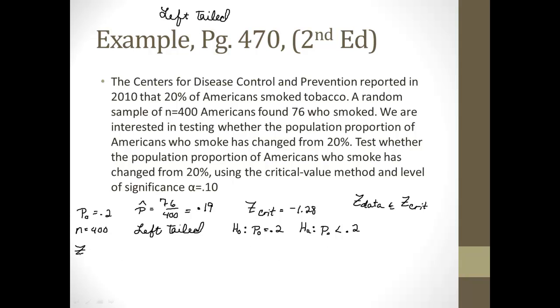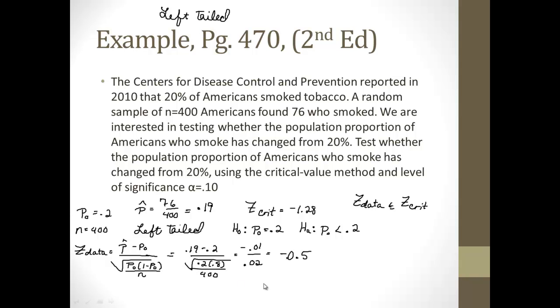I'm going to write down the formula. Z-data equals p hat minus p0, divided by the square root of p0 times 1 minus p0, all divided by n. Substituting, 0.19 minus 0.2, divided by the square root of 0.2 times 0.8 divided by 400.